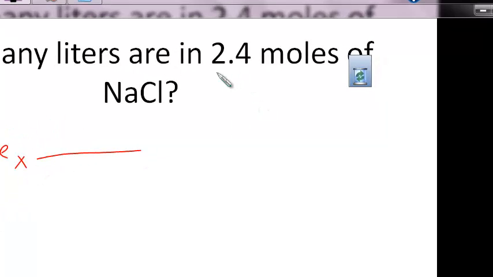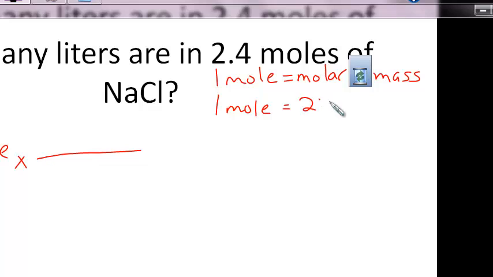And remember we have 2 conversion factors so far. 1 mole is equal to the molar mass, and 1 mole is equal to 22.414 liters of a gas. So we know mole is going to have to go on the bottom. And from our conversion factor, all we have is 1 mole, right? So we know it's going to be 1 mole there.